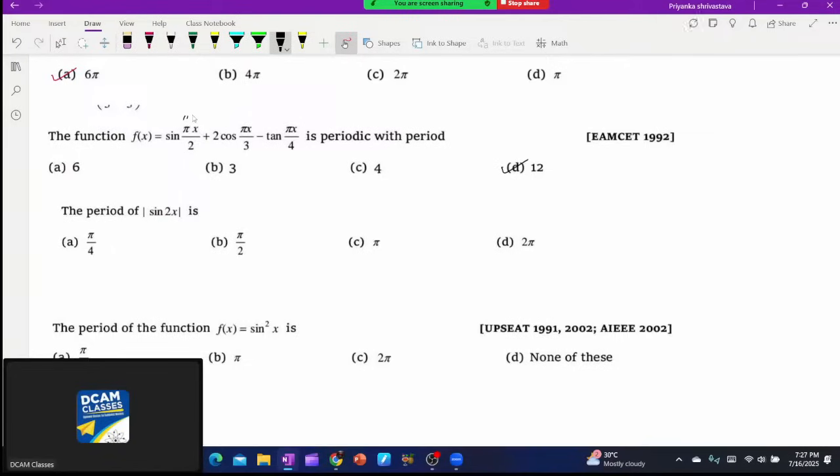The period of this will be 4, the period of this will be 6, the period of this will be again 4. So if you take the LCM, it will be 12.